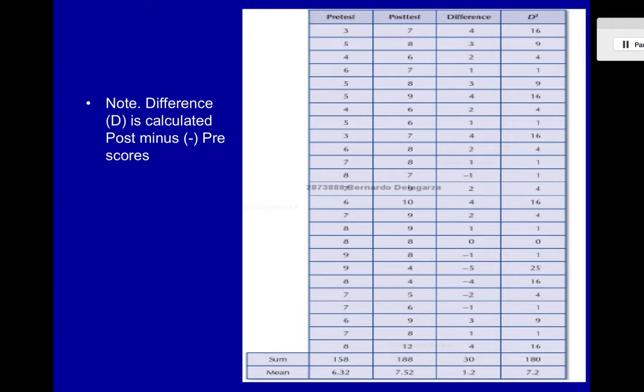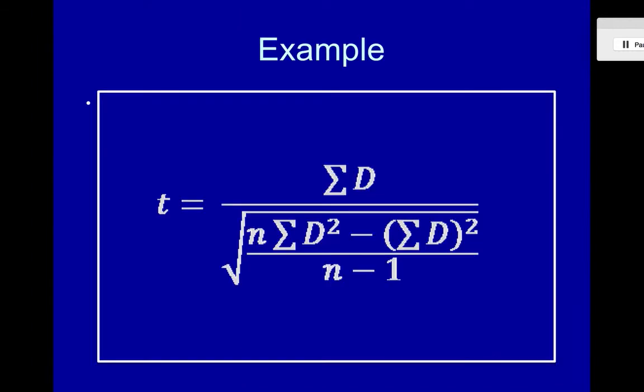Now we're going to continue on with our formula and look at the following piece of that formula. Looking at our denominator, we need to know our sample size. We need to take the sum of D squared. In other words, we're going to take every single difference value and square it. Then we subtract that product by the sum of D, and then we're going to square that value.